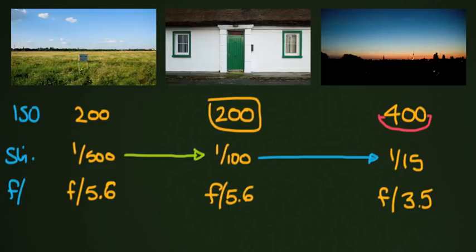And in this case, the pipe is actually a lot bigger because we've got a smaller number. So a smaller number means a bigger pipe. And in this situation, we've got a 3.5 f-stop, which means that it's almost one entire stop of light difference between here. And this is a very, very important concept.